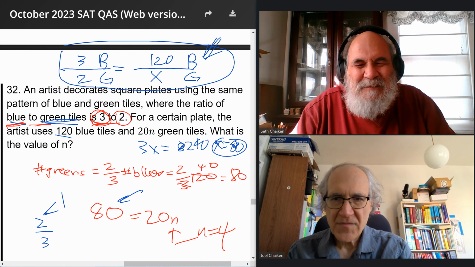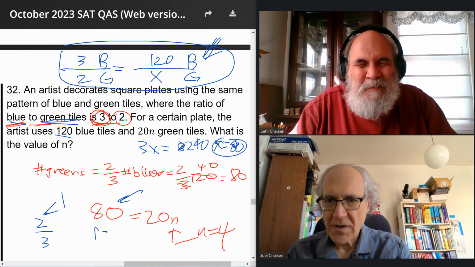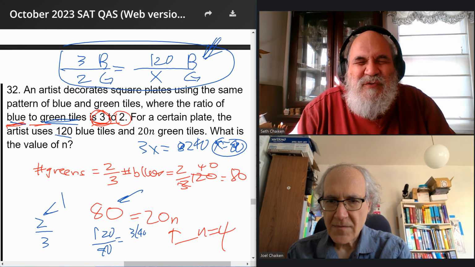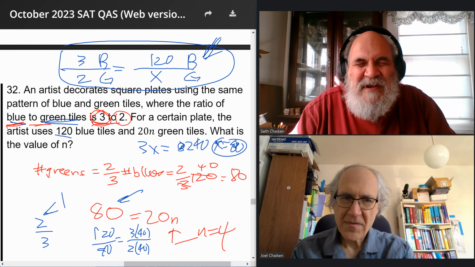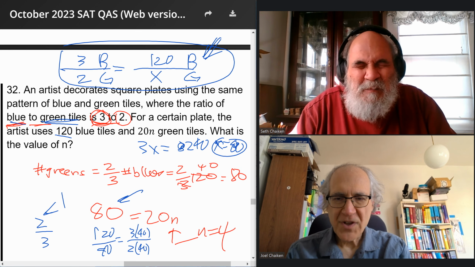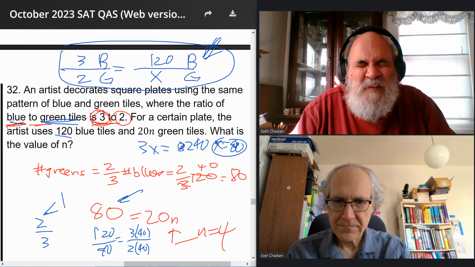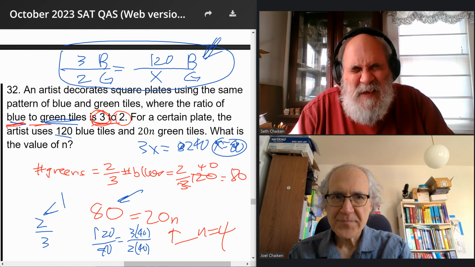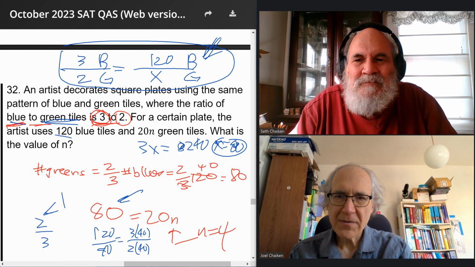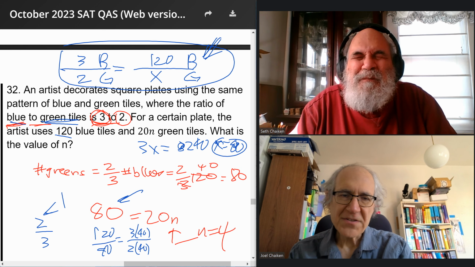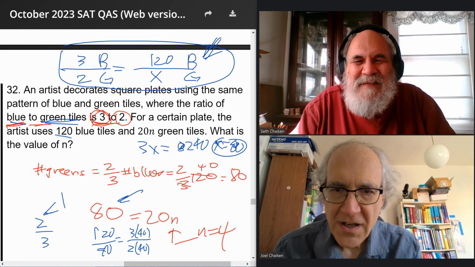And 80 consists of 2 groups of 40, and 120 consists of 3 groups of 40. So it verifies that the ratio of blues to greens is 3:2. Okay, good. So we're basically done.